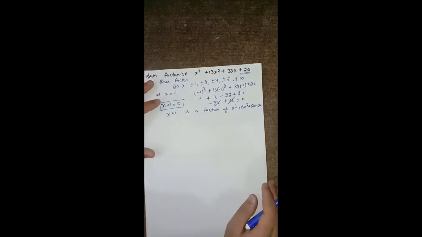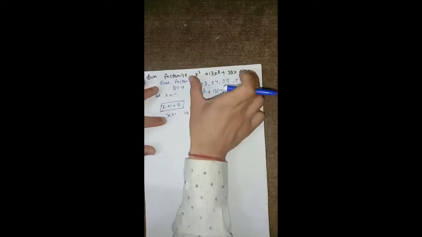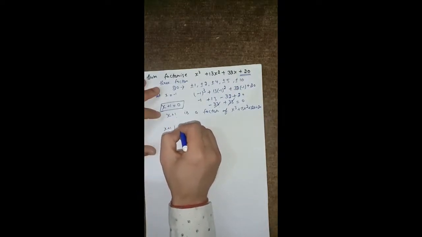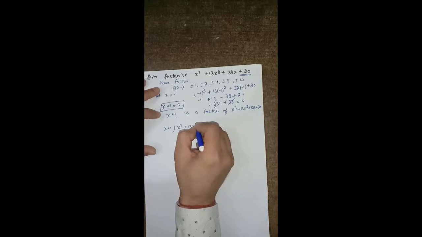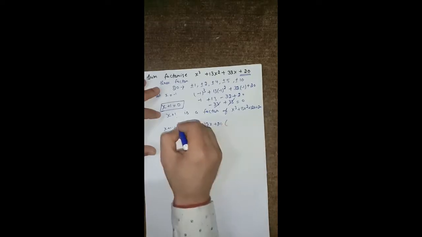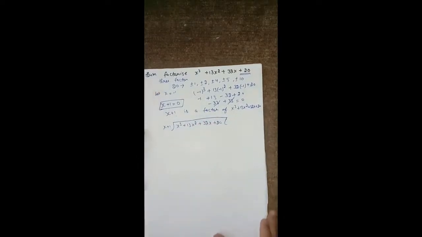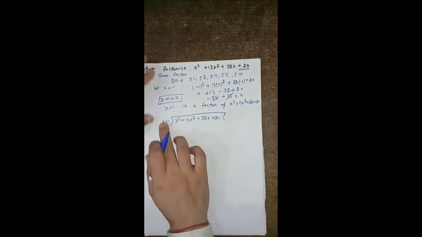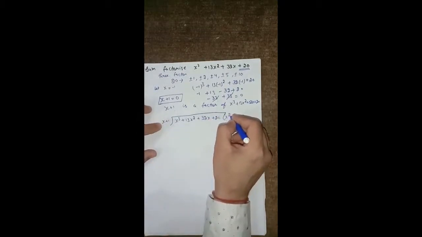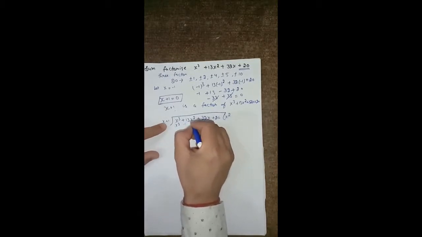Now to find the remaining two factors, first divide this polynomial by x plus 1. x plus 1 into x cube plus 13x square plus 32x plus 20. And in the last class we have already done division of polynomials. First step will be to multiply this with x square, and here we will get x cube plus x square.